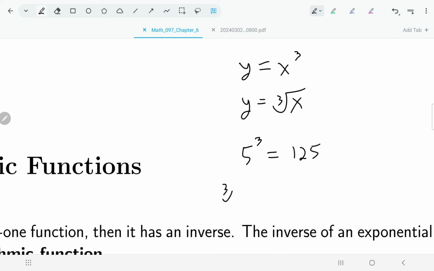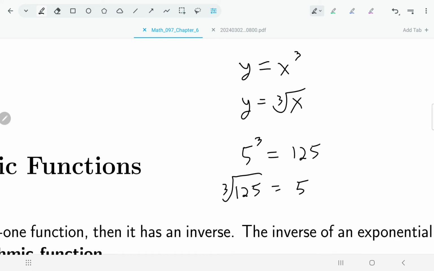But for the equivalent statement in terms of the cube rooting function, we switch our inputs and our outputs. We would have the cube root of 125, where 125 is now the input, and instead of 5 being the input, 5 is what comes out of our cube rooting function. So that was one of the key ideas for inverses: inverse functions just switch the inputs and the outputs.